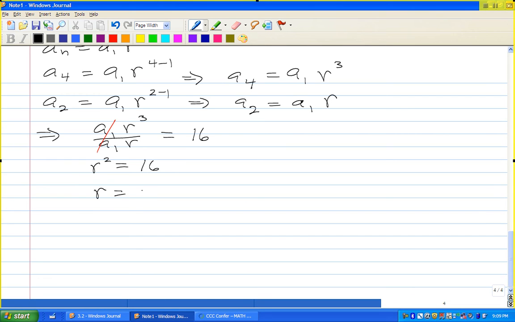So r is equal to plus or minus the square root of 16, which is 4. But r must be greater than 0. Otherwise, not every term will be positive. And so let's figure out what the sequence is.